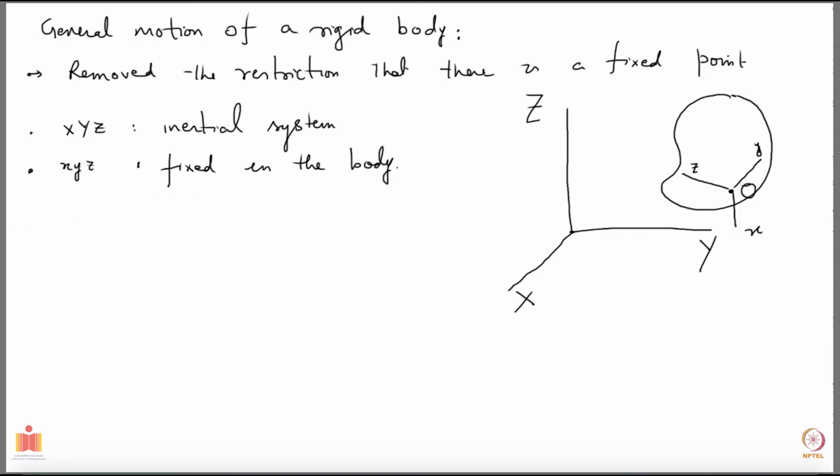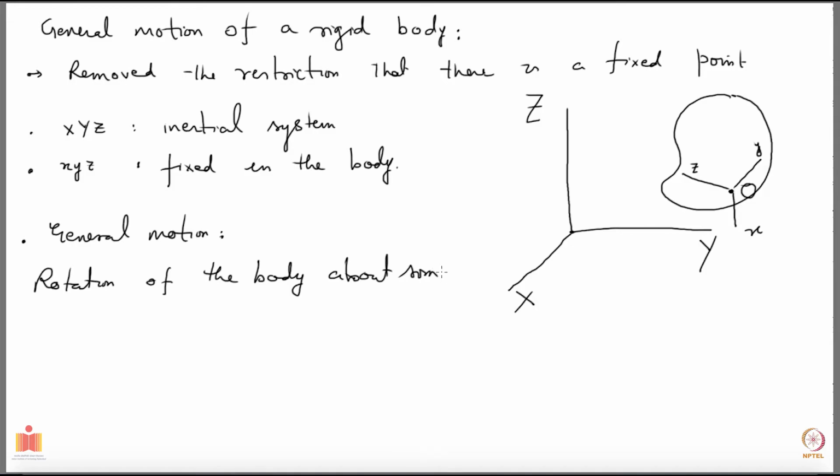and it rotates with the body or moves along with it. And as I said, the general motion is the following: rotation of the body about some axis plus a translation of the origin of the body system, of the body axis or body system.